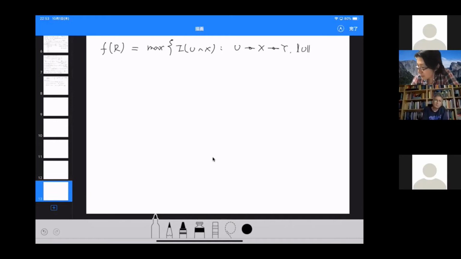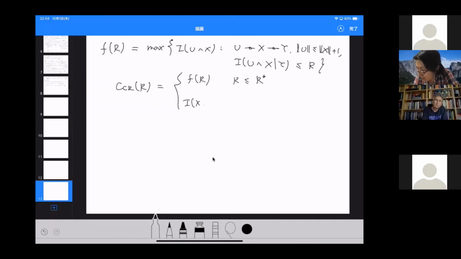The size of this auxiliary random variable can be bounded by the range of x plus 1, and also the conditional mutual information between u and x given y must be less than r. Okay. By using this function f of r, the common randomness capacity is known to be f of r if r is less than some critical rate, and above the critical rate, it is the mutual information between x and y plus r.